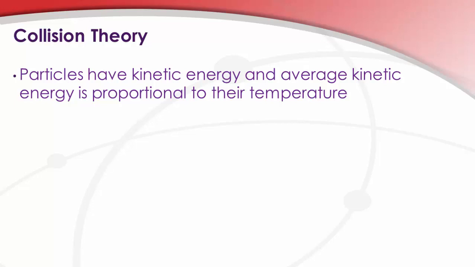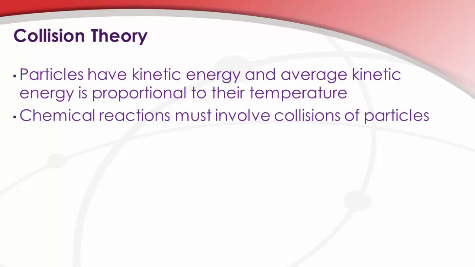So we go back to this concept of heat again. Particles have kinetic energy. Their average kinetic energy is proportional to their temperature. Chemical reactions must involve collisions of particles. Particles have to be close together before they can react.